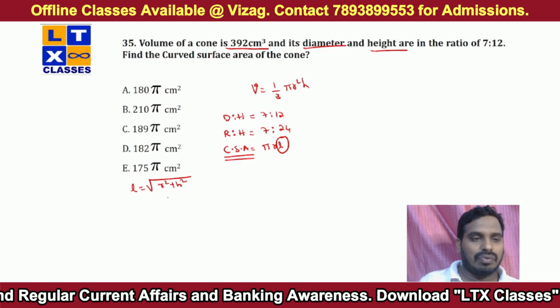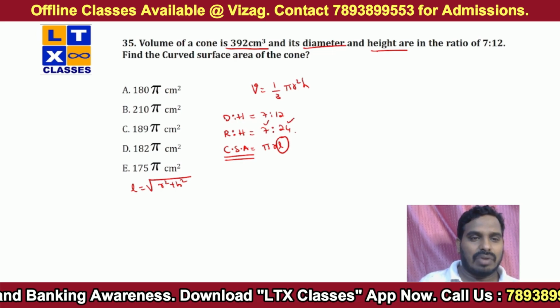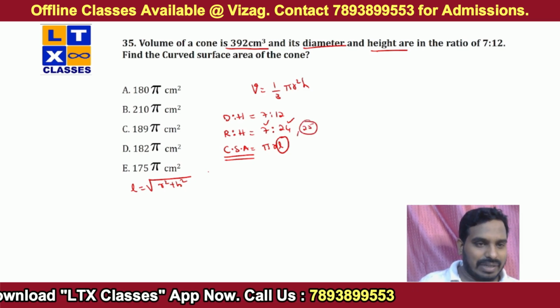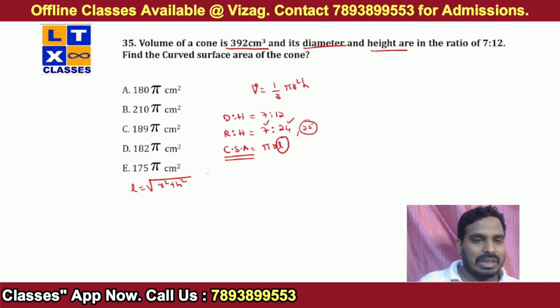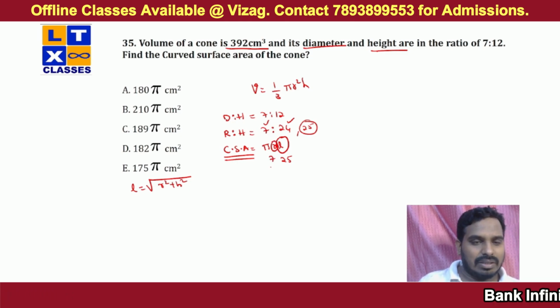That means these form a triplet. Now, if 7 and 24 are two sides of a right angle triangle, the third will be 25. So my slant height will be 25 and my R would be 7. Okay, let it be 7 parts and 25 parts.